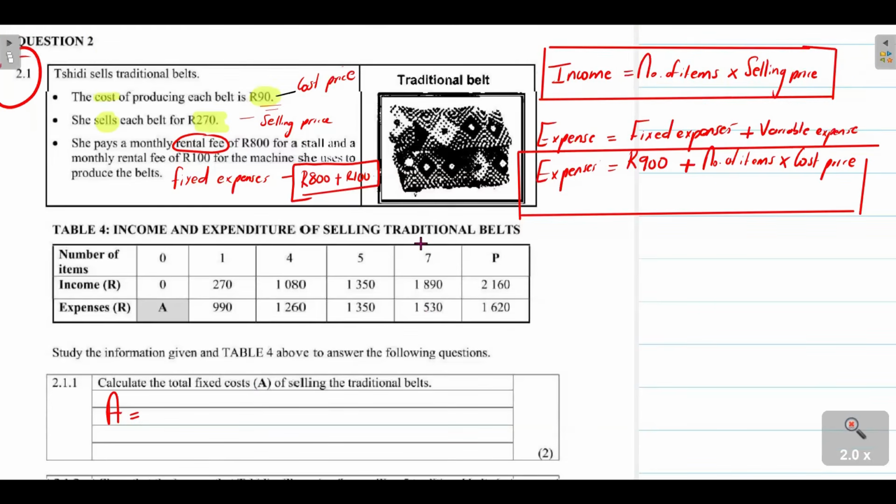The fixed cost is 800 plus 100. That's 100, right? So the total fixed costs of selling the traditional belt is just 900 rand. Nothing more, nothing less.